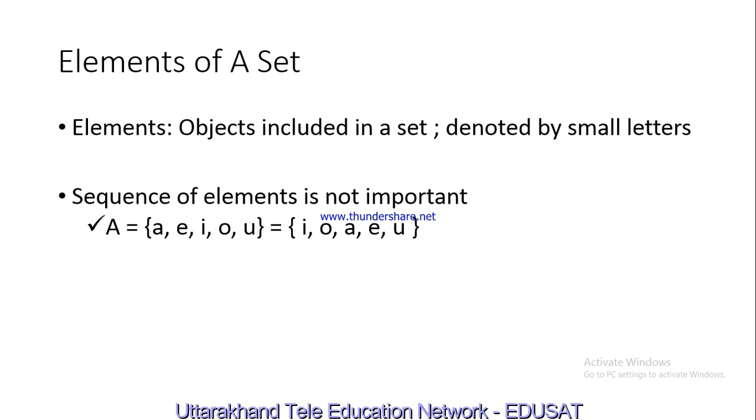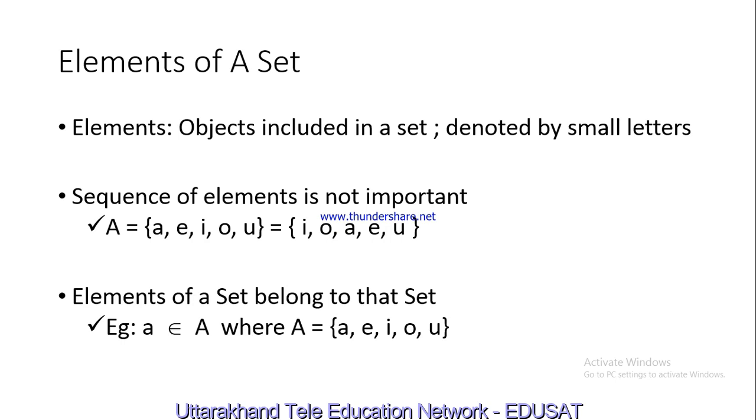So there are 5 elements, and we can now say that probably A is nothing but the set of all vowels in the English alphabet. Now you can also see that the elements a, e, i, o, u have been shown to be equal to another group of elements i, o, a, e, u. What does this mean? This shows that the sequence in which the elements are placed in a set is not important.